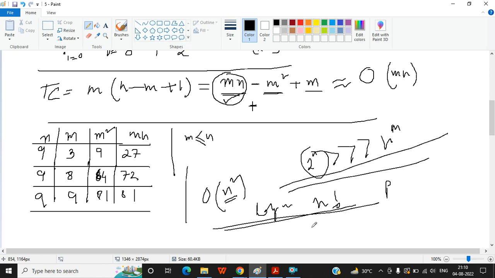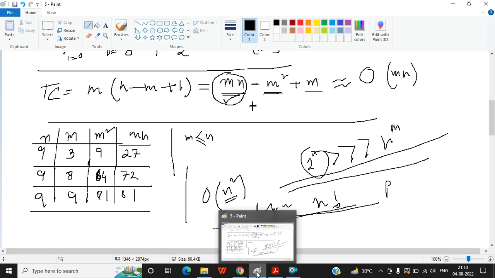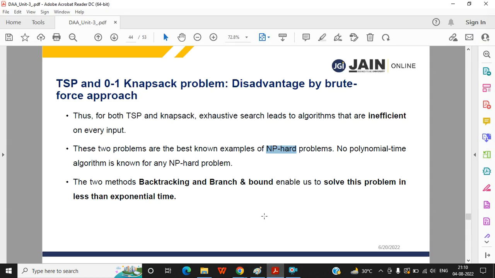So if the time comes with polynomial notation, then we say that this is a P problem, meaning polynomial problem. And if the time is not coming in polynomial terms, those are called non-polynomial problems.